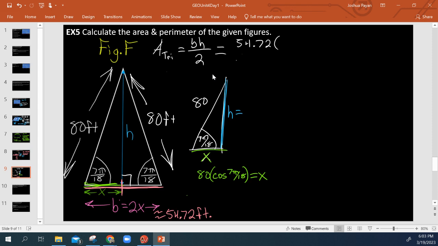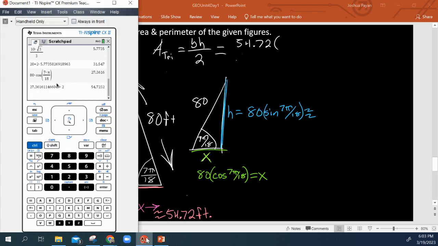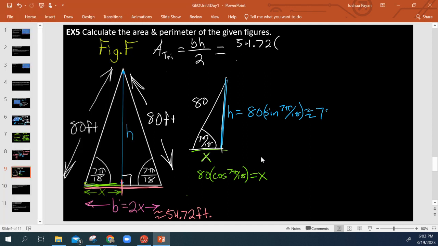And this is going to just be equal to 80 times the sine of 7 pi over 18. Let's throw that in the calculator real fast. So 80 times the sine of 7 pi over 18. Okay, and we get 75.17. And that also is in feet.